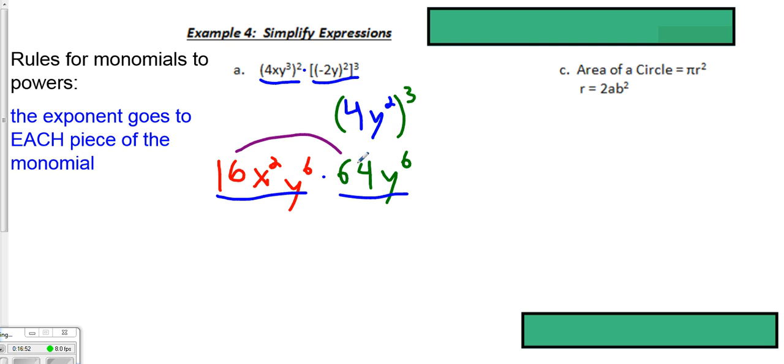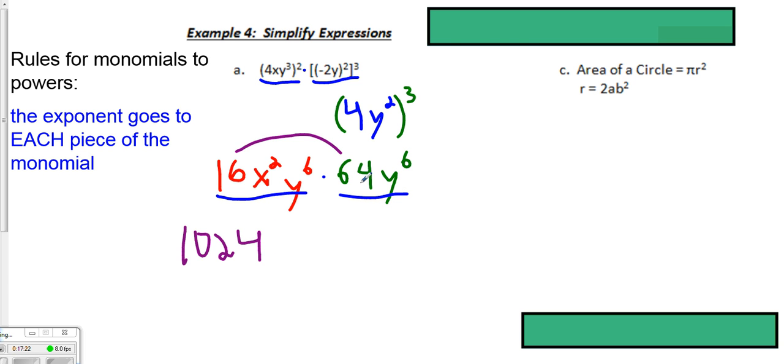16 and 64 became 256. Oops, sorry. Did that too quick. It actually becomes 1024.